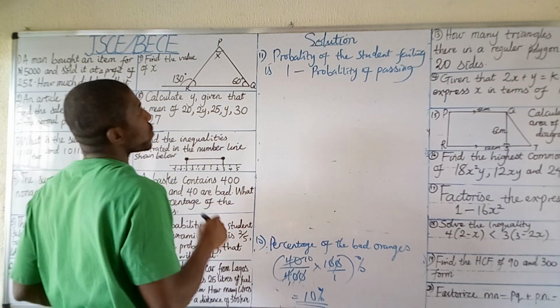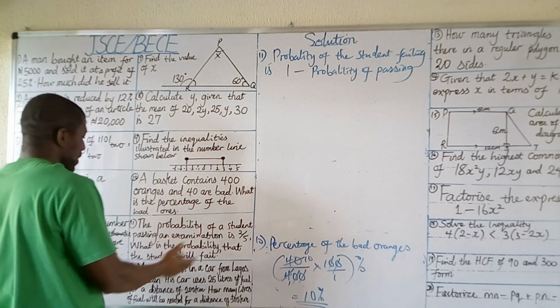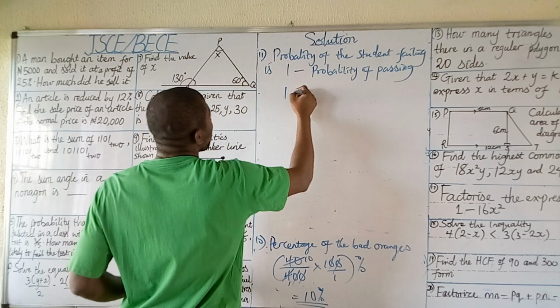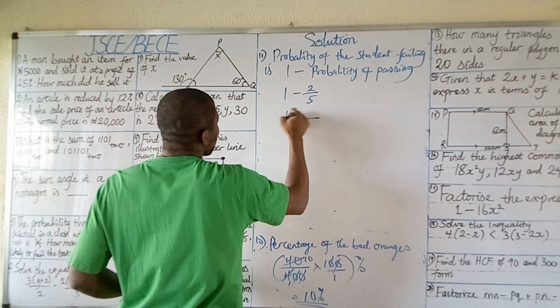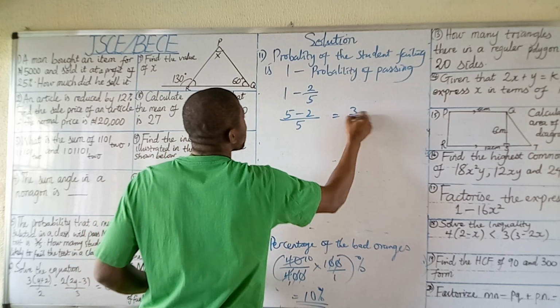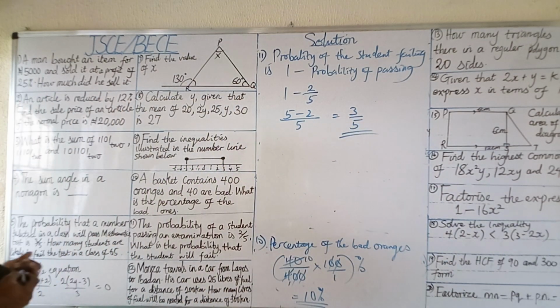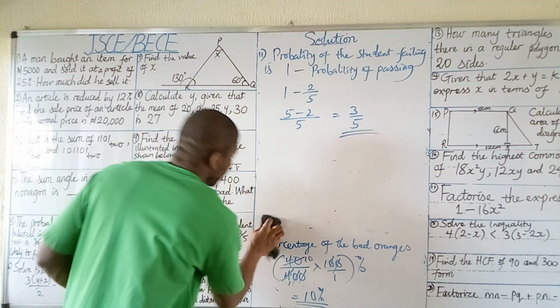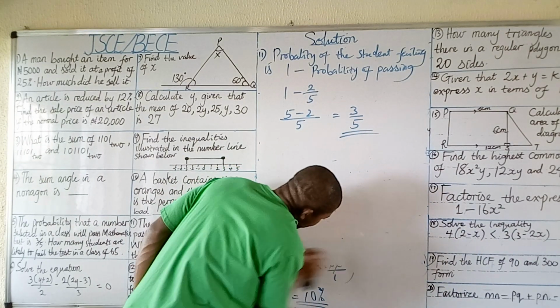We have the probability of passing the examination to be 2 out of 5. So it will be 1 minus 2 out of 5. LCD is 5. 5 minus 2 will give us 3. So the probability is 3 out of 5. The probability of that student failing is 3 out of 5. That's all. Take question number 12.